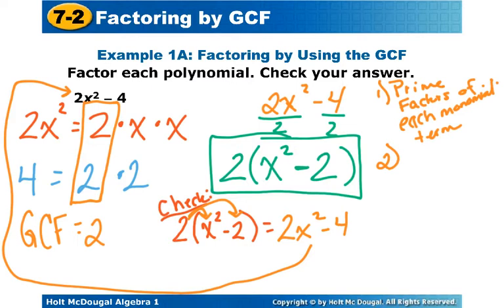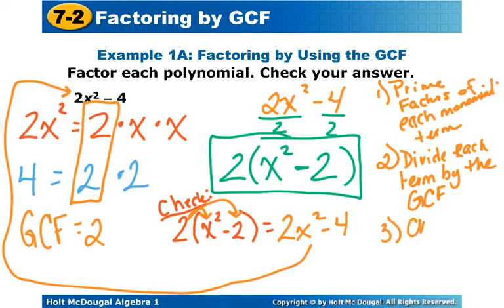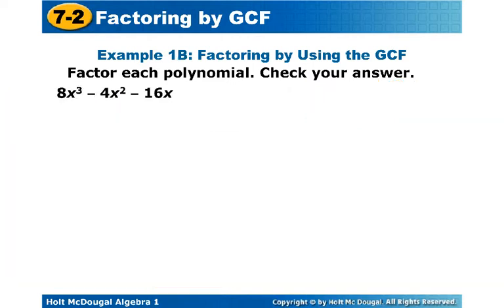Second, you want to divide each term by the GCF. And then finally, you want to check. Okay? So those are the 3 steps that you should be following. Okay. So that's where you had 2 terms to make up your polynomial. So this is really called a binomial. Let's look at another kind.